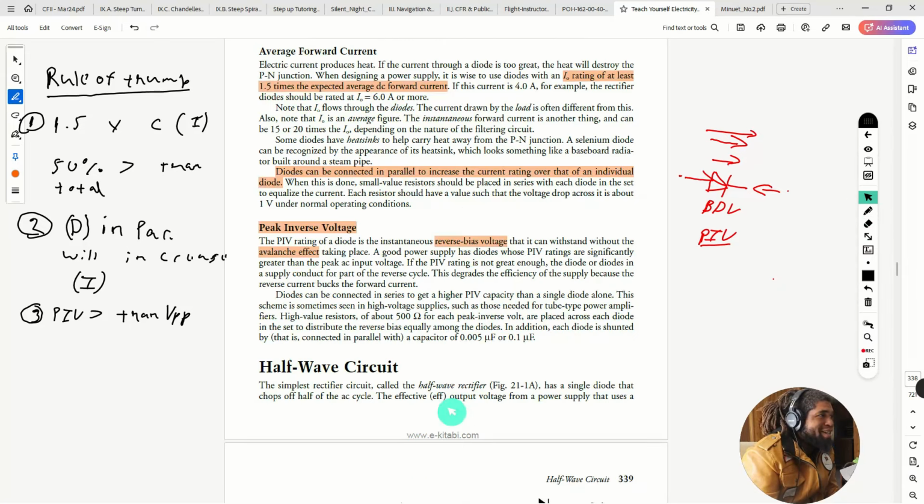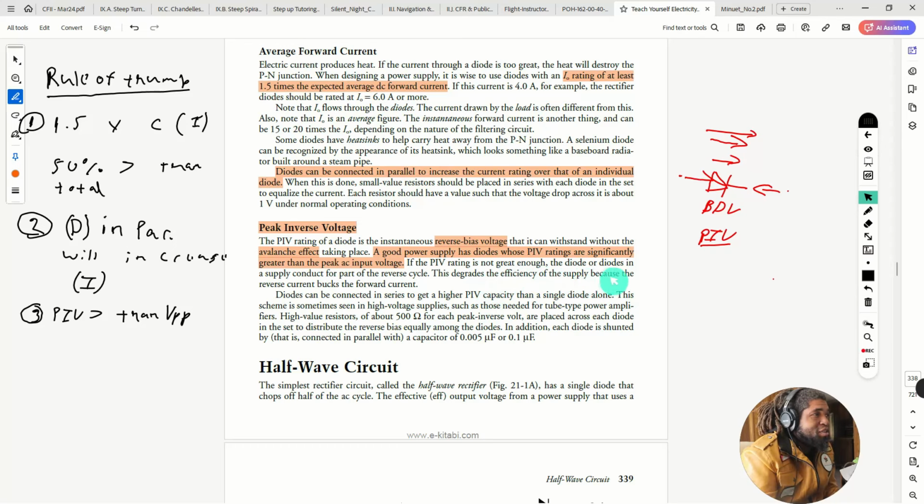All right, let's continue here. Let's highlight that. That's another good point. If the PIV rating is not great enough, the diode or diodes in the circuit conduct for a part of the reverse cycle. Exactly what we're talking about. That's what I was talking about here with the avalanching and the breakdown voltage.